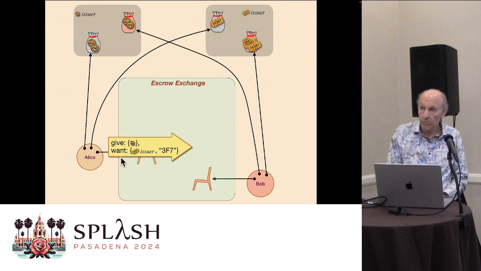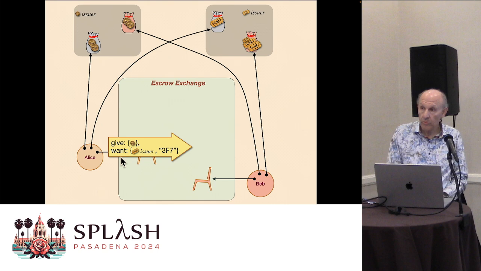Now, the important thing here is that the want line is purely descriptive. It's just conveying information. The give line is the actual asset. So Alice, in sending this message in, had to withdraw that asset from her purse and provide the asset to the escrow exchange, in just the same way that in the previous diagrams, Alice had transferred an asset by sending a payment purse to Bob.